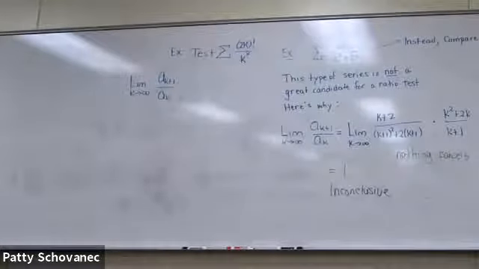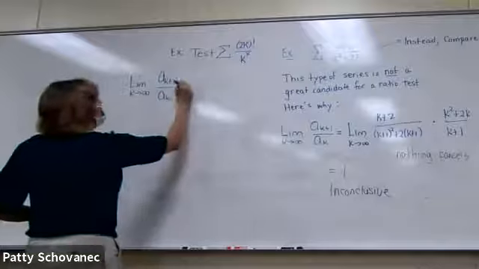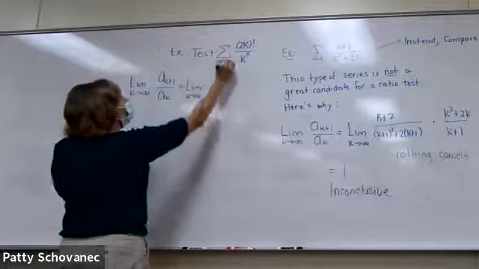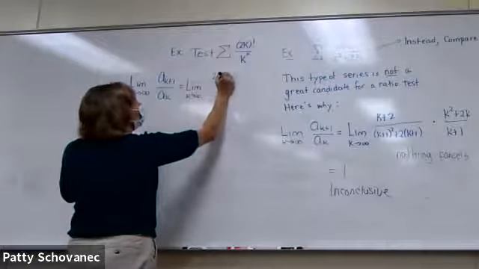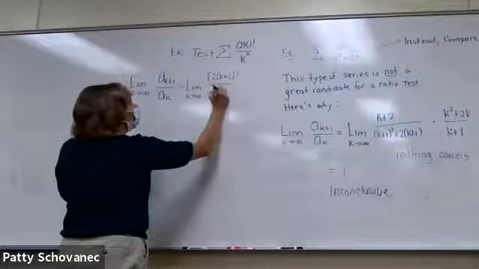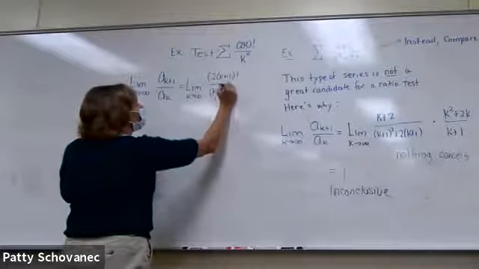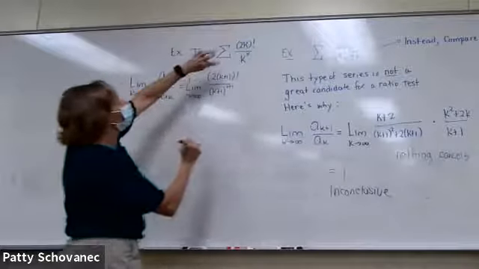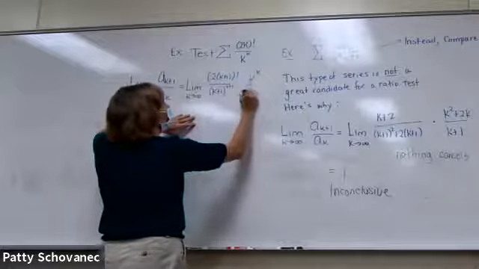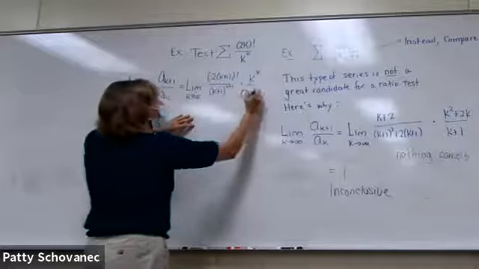So the k plus first term looks like 2 times k plus 1 all factorial, k plus 1 raised to the k plus 1. Then I flip and multiply and put a k to the k and a 2k factorial.